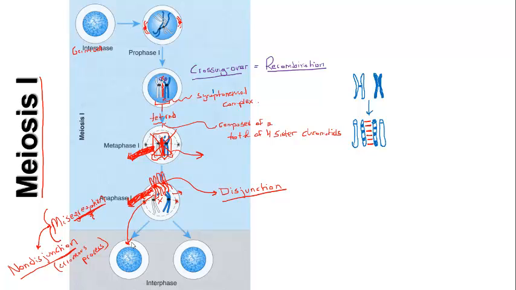Okay, so if the problem of having extra genetic material in this cell, which will eventually go on to become a certain gamete, or the problem of having less genetic information in this cell, which will also go on eventually to become another gamete, or may or may not go on to become a gamete in the case of a female, then whatever zygote someday is the result of a gamete that was formed through this erroneous process will be at serious risk of having increased or decreased genetic material on the level of an entire chromosome or bits and pieces of a chromosome.